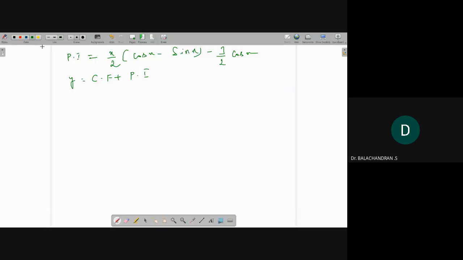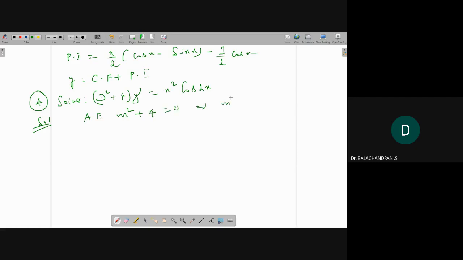Now problem number 4. Solve (D square plus 4) y equal to x square into cos 2x. Solution. So the auxiliary equation is m square plus 4 equal to 0.